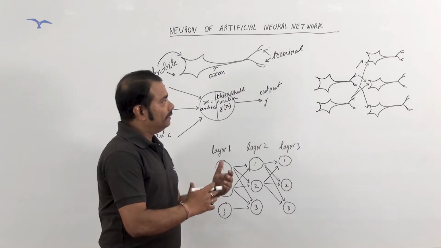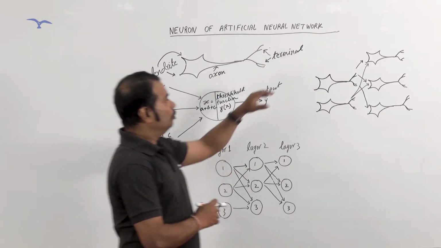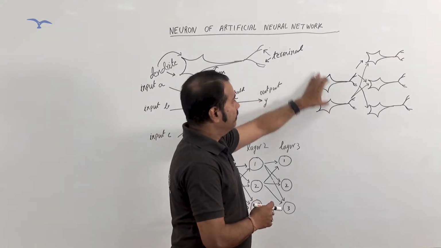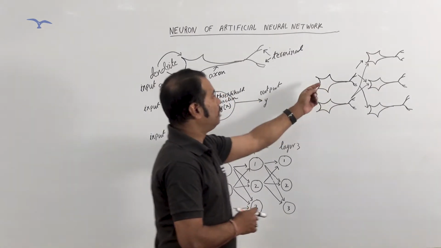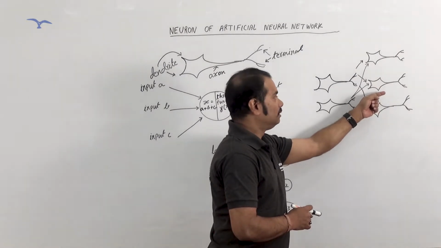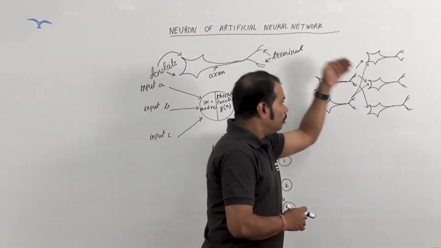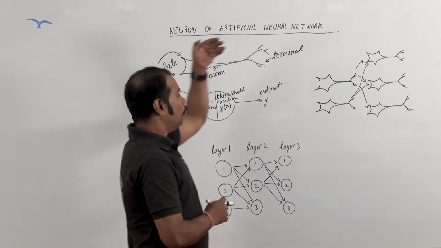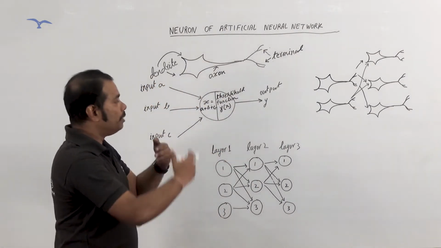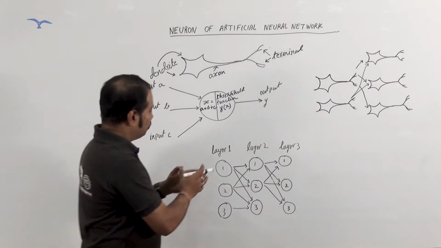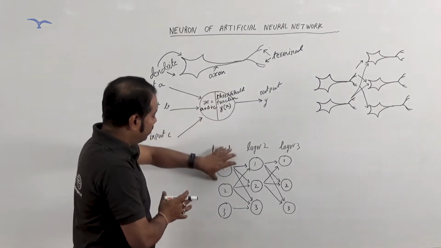As we have seen that in biological brains, neurons are actually layered. There are multiple neurons. There are n number of neurons, and they communicate with each other. Similarly, we follow the same thing in our own attempt to mimic the way neuron works. We also put these artificial neurons in layers.